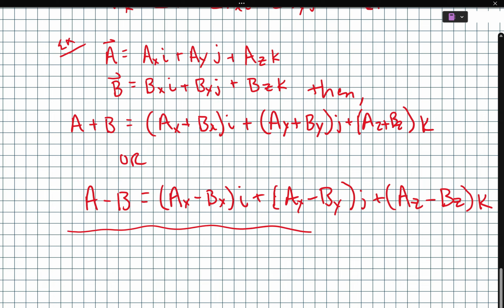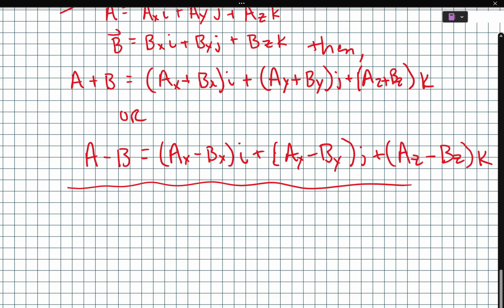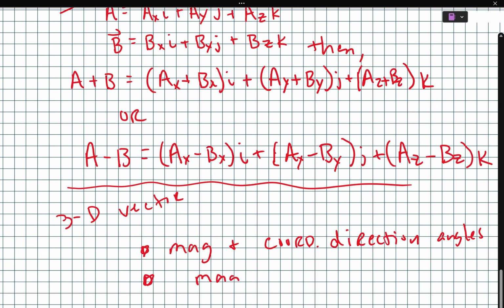And then sometimes 3D vector information is given as magnitude and the coordinate direction angles, or the magnitude and the projection angles.